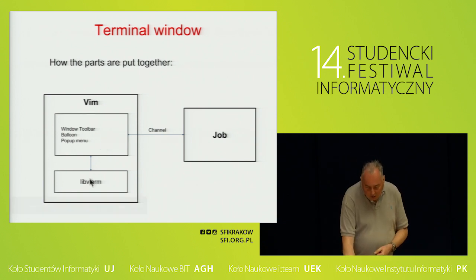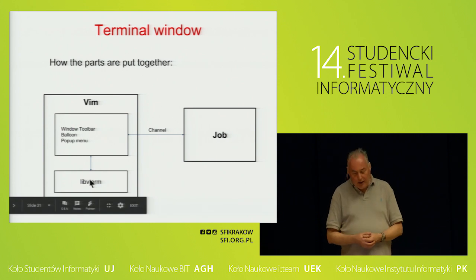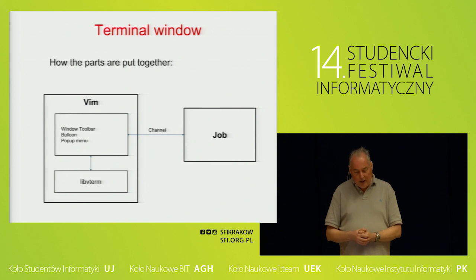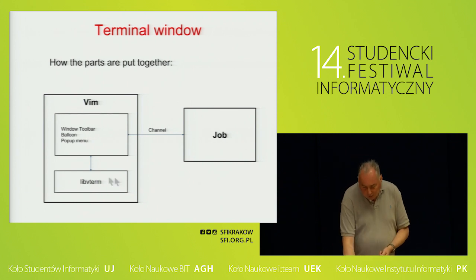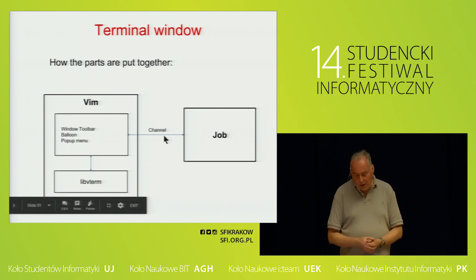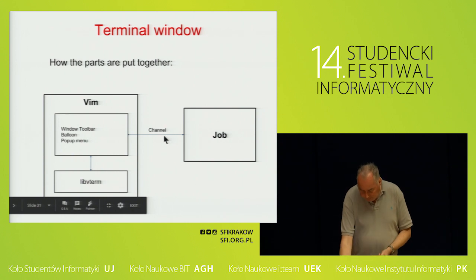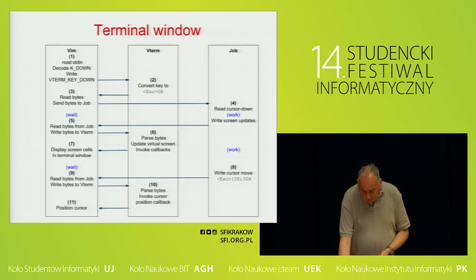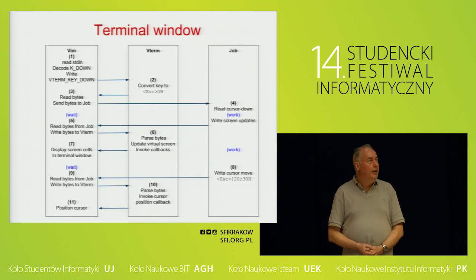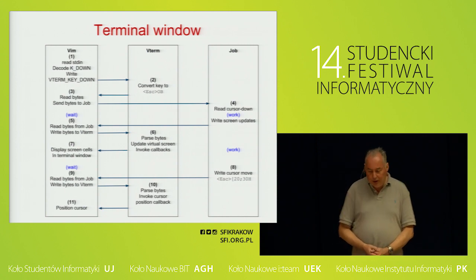And then it talks to libvterm, a third-party library that Vim talks to. It's actually part of Vim, but there's still a very well-defined API that you use. And then, of course, you need the channel to talk with the job.